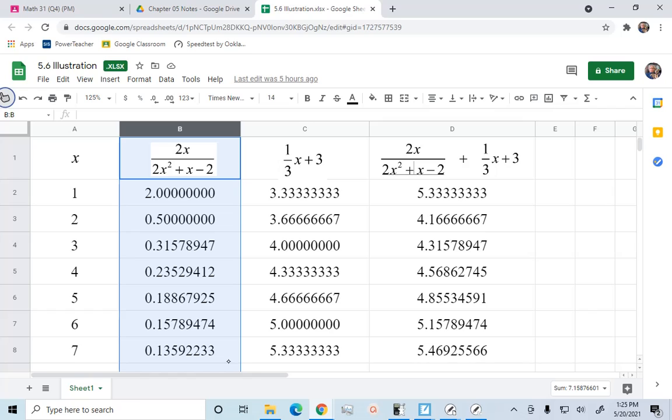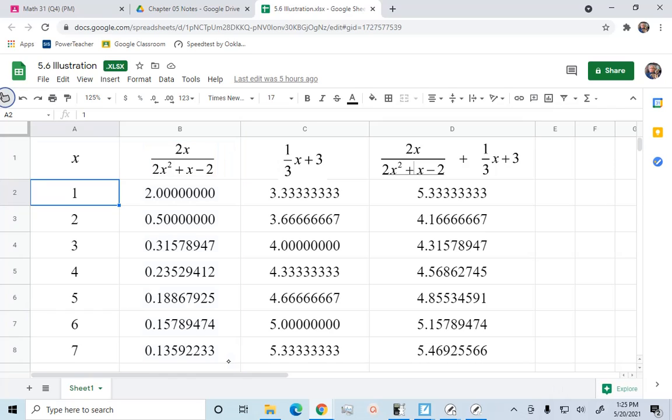So check out when x is 1. The first piece of the function is 2 point something. The second piece is 3.3 repeating. So when we add these two together, we get the y coordinate. If we take a look at x equals 2, when you put 2 into the first piece, you get 0.5. When you put it into the second piece, you get 4.16.